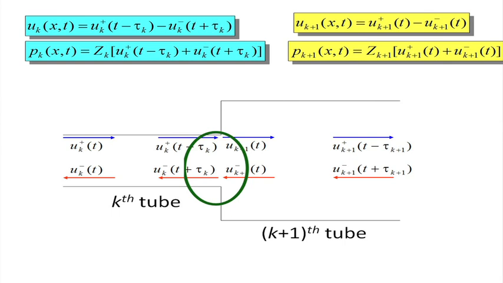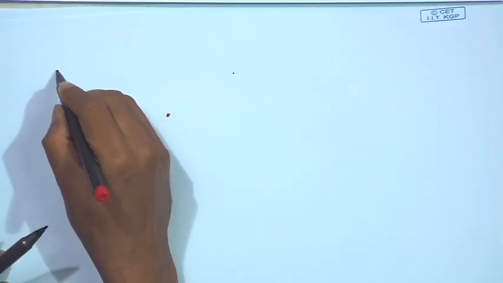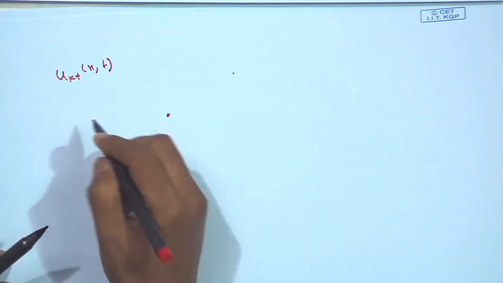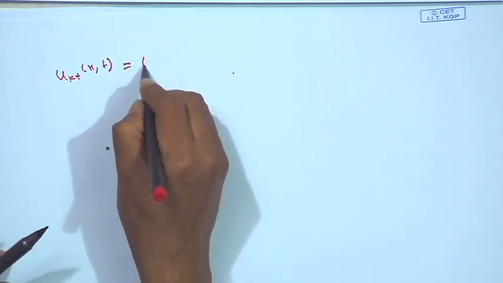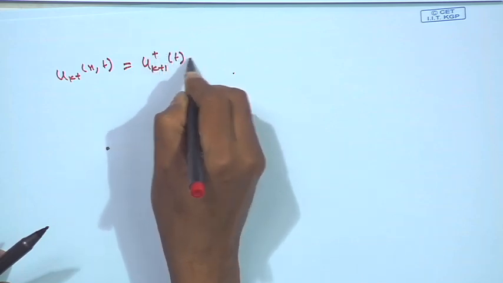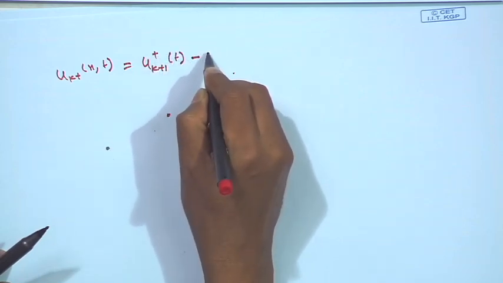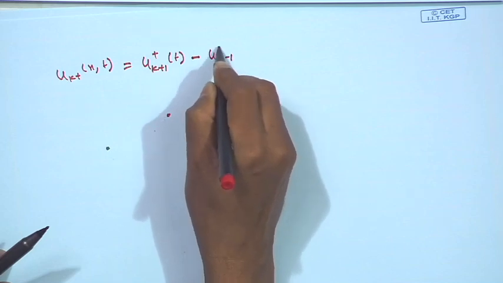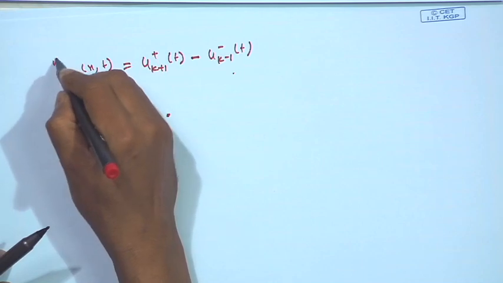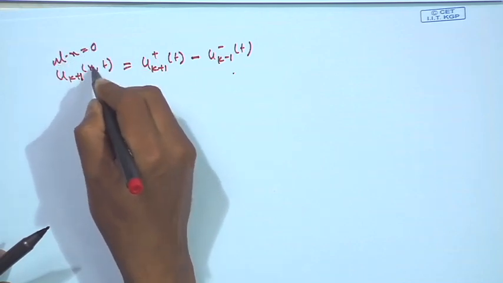I can say that u_{k+1}(x, t), at any point, is nothing but u_{k+1}^+(t) minus u_{k+1}^-(t). What is x, t? At x equal to 0, so this will be (0, t).